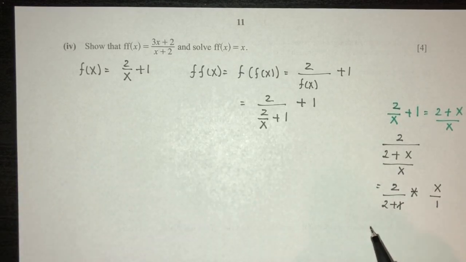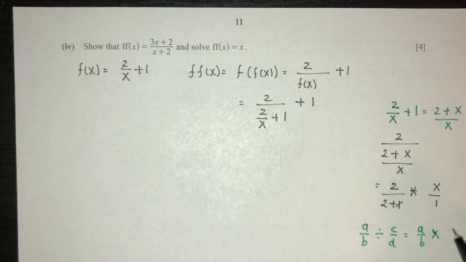So when you divide two fractions, if you divide a over b by c over d, it becomes a over b multiplied by d over c. I hope that makes sense.